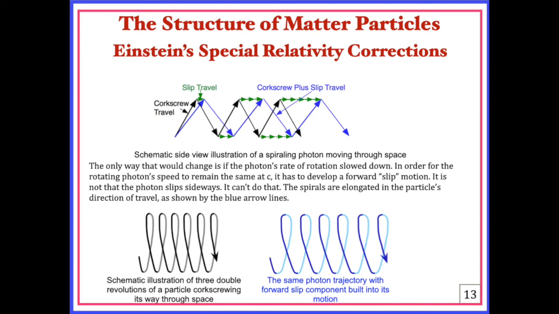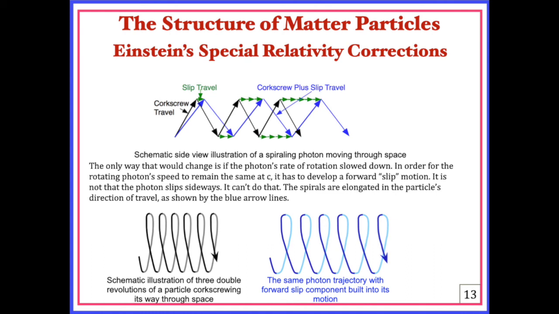The top illustration is useful to show what happens when the rotating photon moves. I can't show its rotation slowing down. What this shows is that when the photon slows down, it must develop a forward slip motion to maintain its speed at c. That means it doesn't have to corkscrew or spiral as many revolutions to make its way between 2 points.